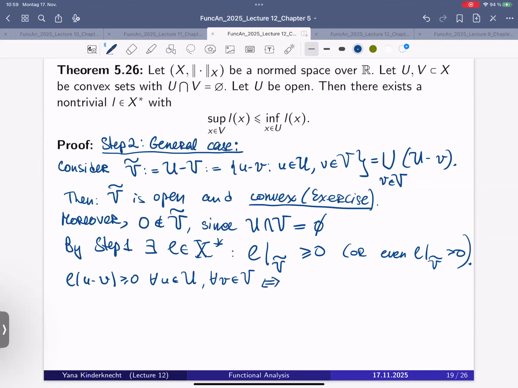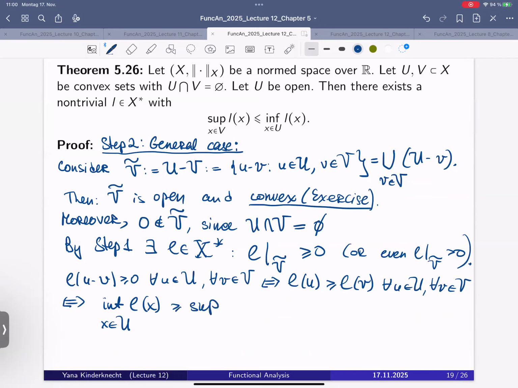This means nothing else but the statement that L(u) is bigger or equal than L(v) for all u in U and all v in V. But this is exactly what we wanted, namely that the infimum over x in U of L of x is bigger or equal than the supremum over x in V of L of x. That's it.